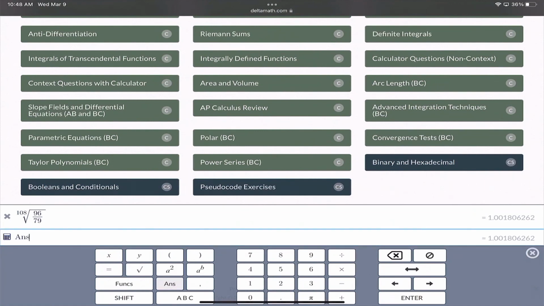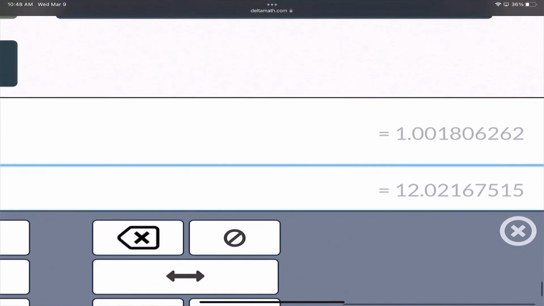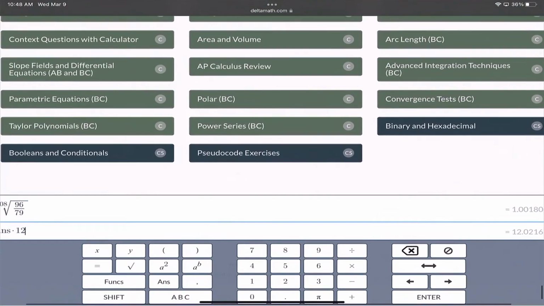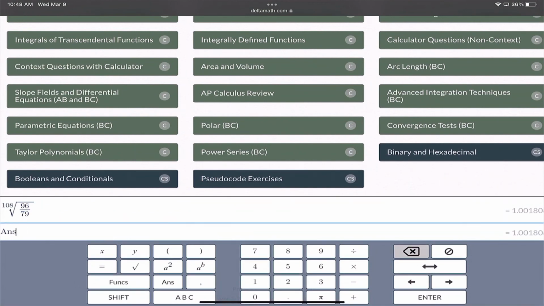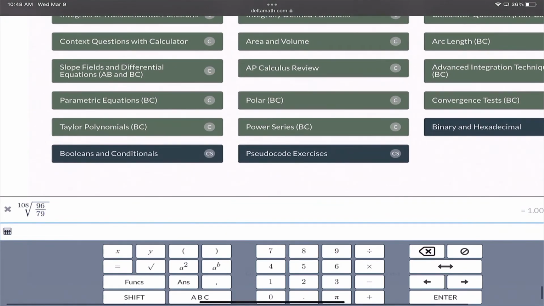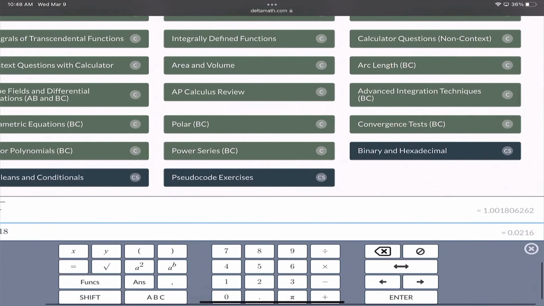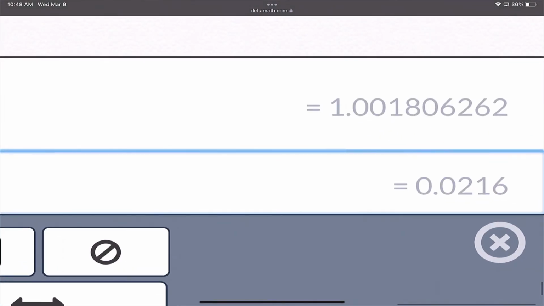My previous answer times 12. No, that's not what I wanted. 12 times 0.0018. So I get this number here, right? 0.0216.